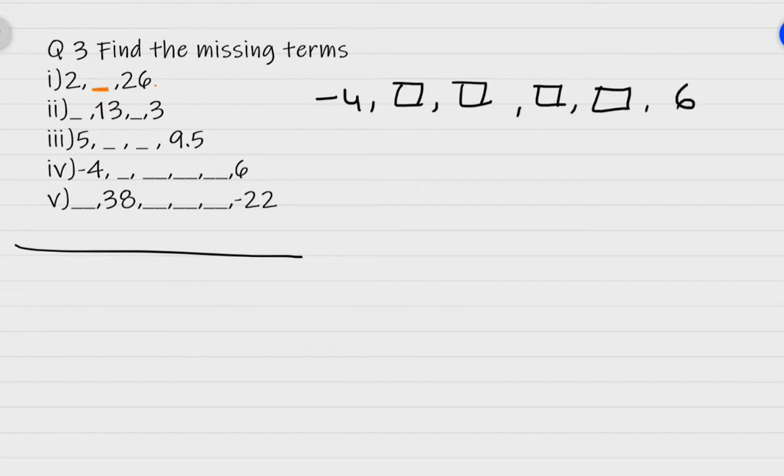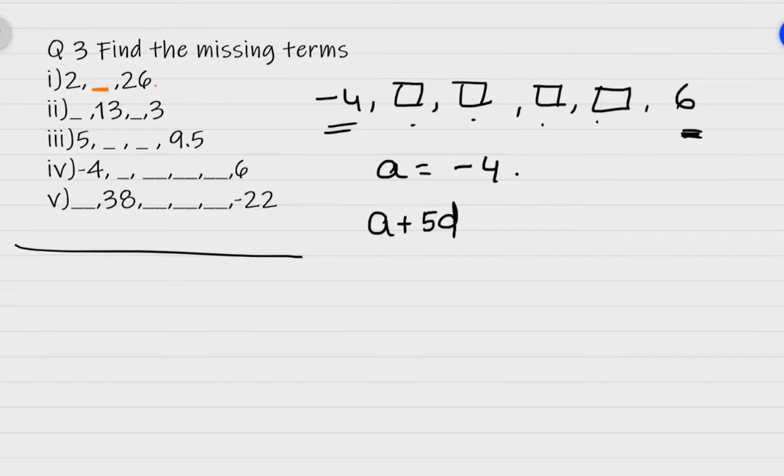That means the first term and the sixth term are known to you. So your first term is A. A is equal to minus 4. And your sixth term is 6. So A plus 5D. Isn't it? Tn is equal to A plus (n minus 1) into D.